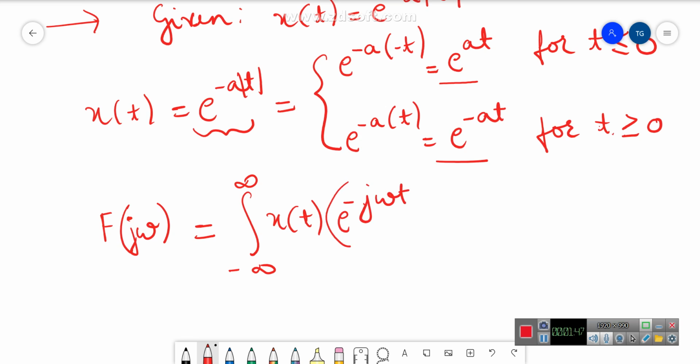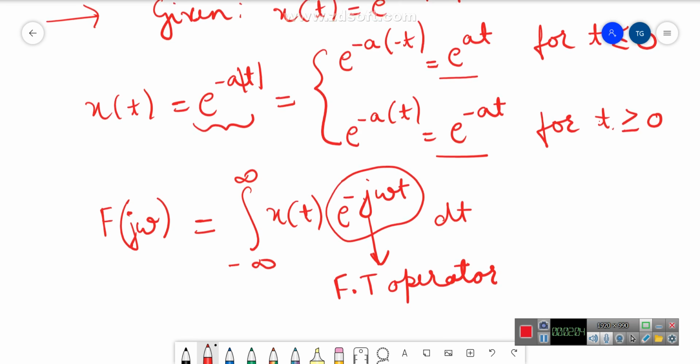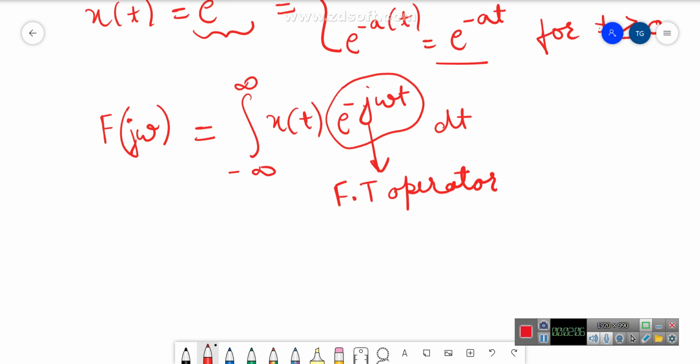This is nothing but our Fourier transform operator. This operator converts my x of t, which is a time domain signal, to a frequency domain signal. So that's why we multiply it with this operator. So how will it be?